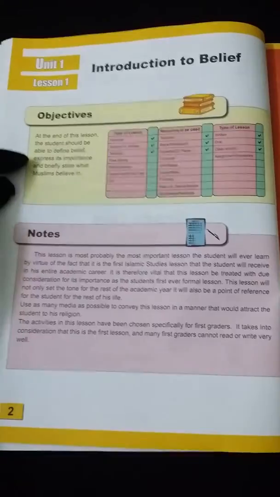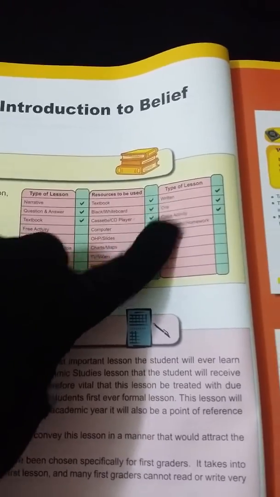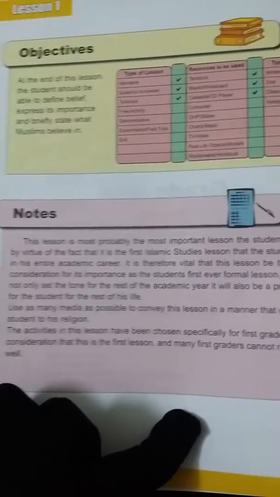and it tells you what your objectives are, type of lesson, resources to be used, etc. Pretty good. Notes. And then we have what the student section is going to look like, the student page. And these are the answers for what the students will be doing.